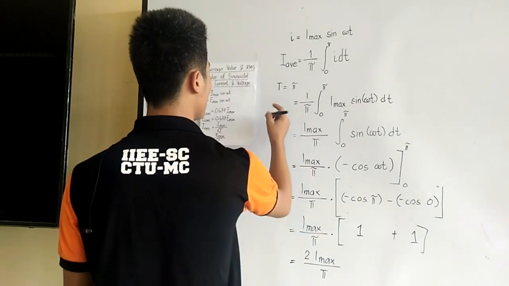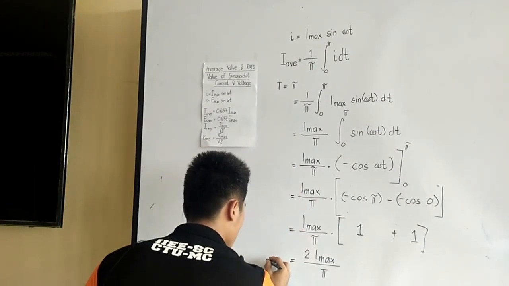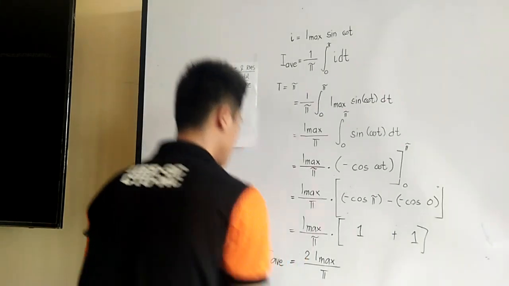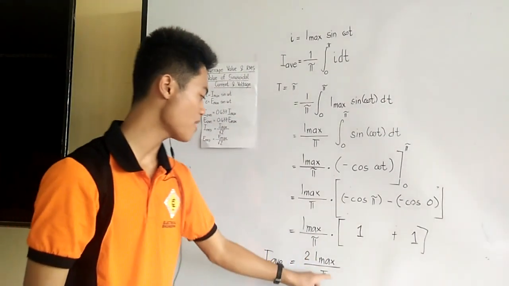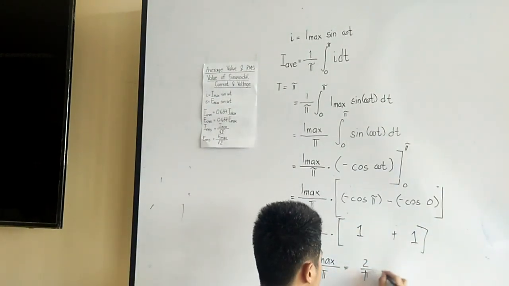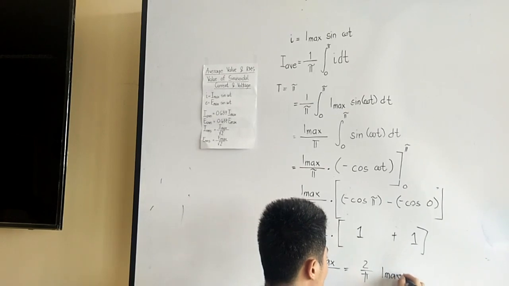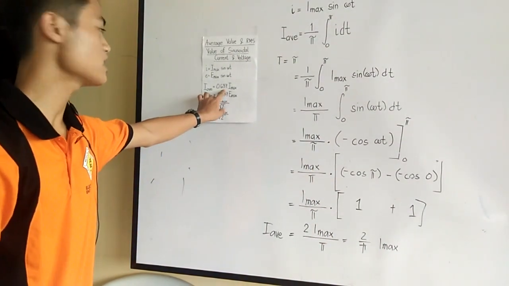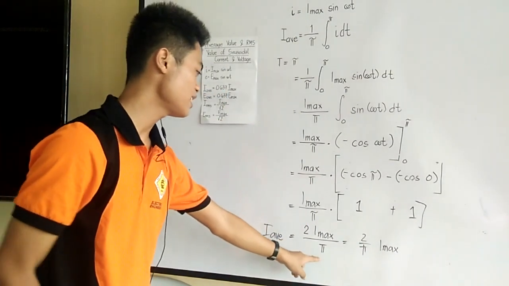So our I average is equivalent to 2 I max over pi, or equal to 2 over pi I max. 2 over pi is equal to 0.637. So that is the derivation of this.